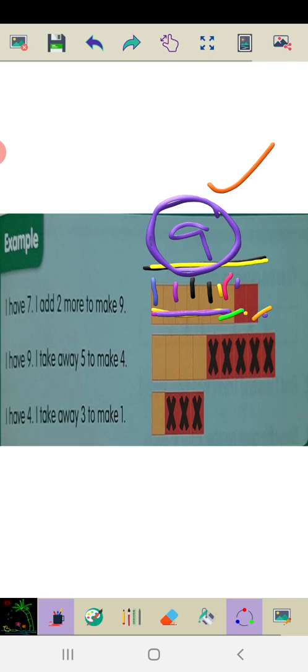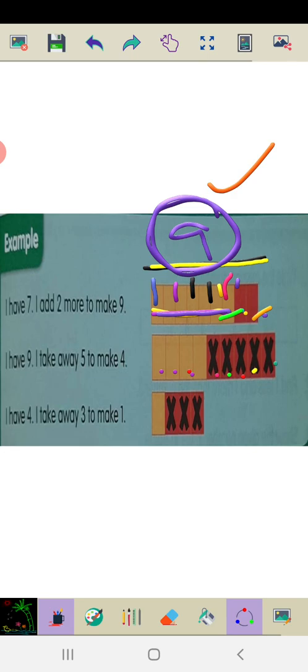Now similarly, see the next question. I have 9. I take away 5 to make 4. First you count how many boxes you have here. 1, 2, 3, 4, 5, 6, 7, 8, 9.